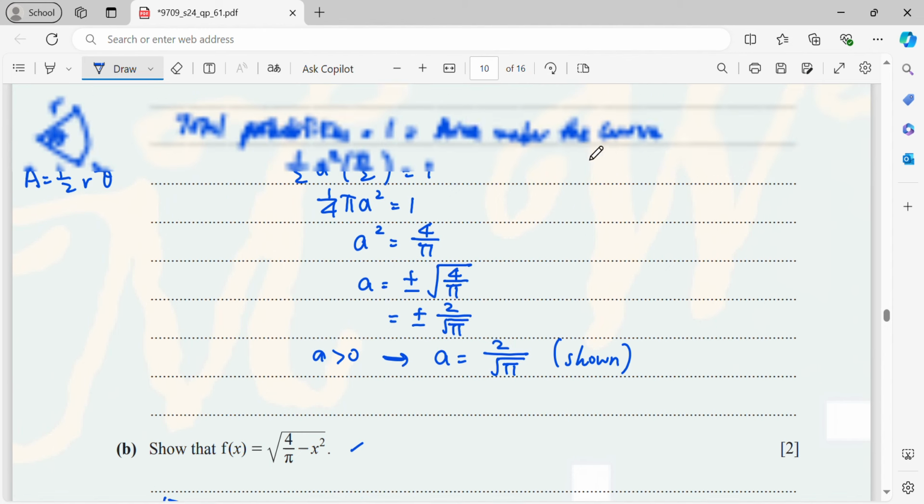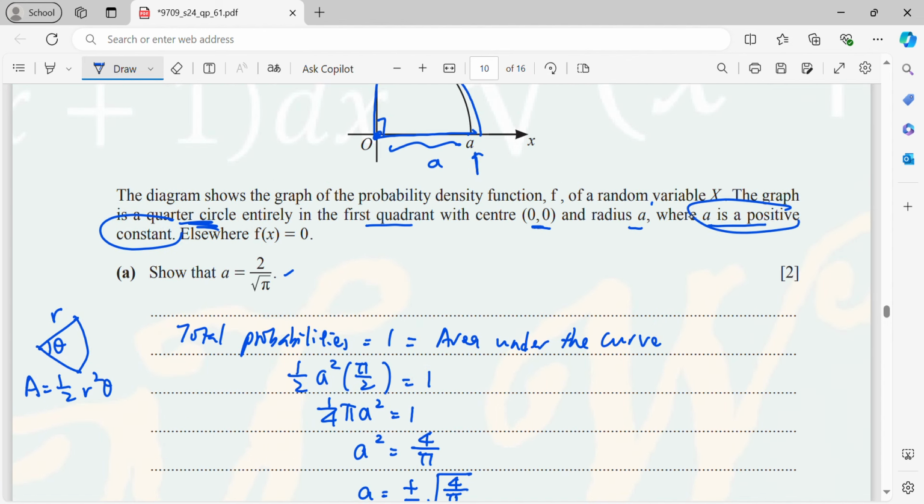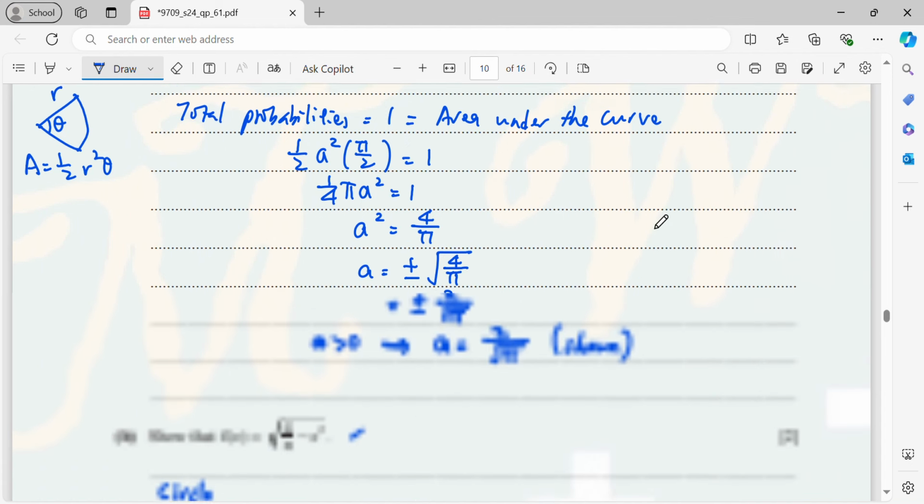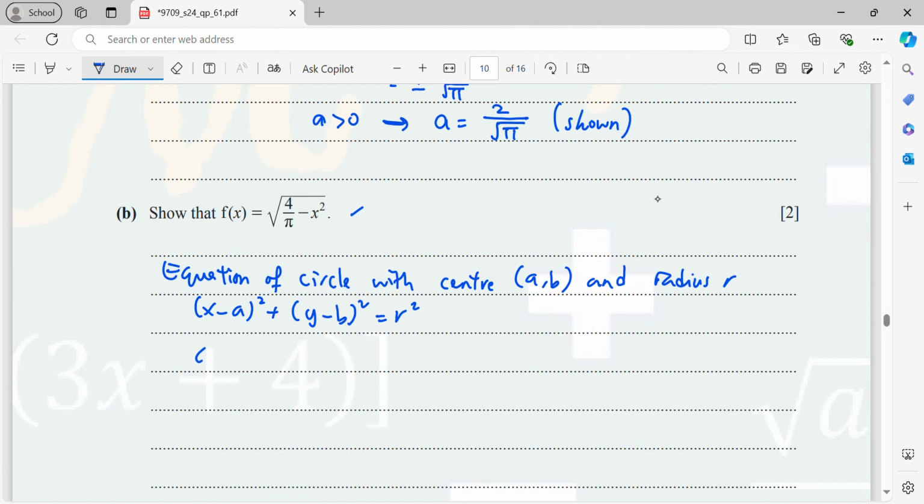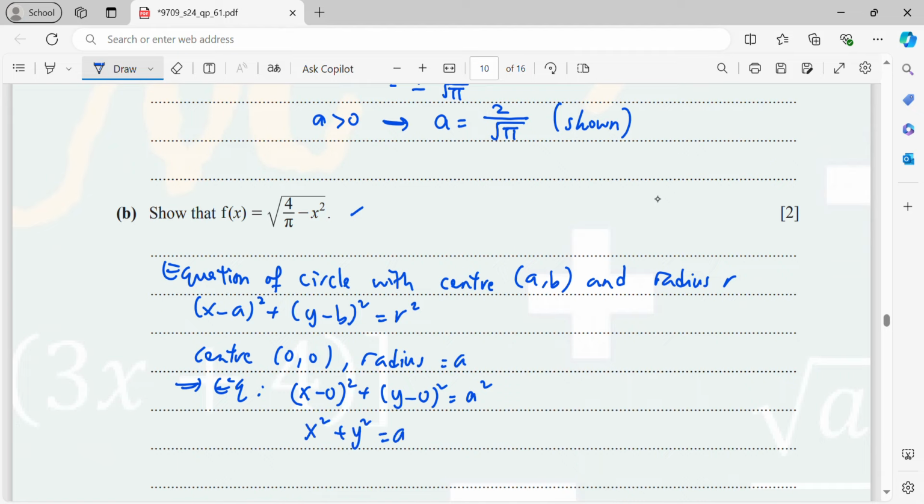Now, when you look at here, the center is origin, radius is a. So now my equation becomes (x minus 0) squared plus (y minus 0) squared equals a squared, or x squared plus y squared equals a squared.